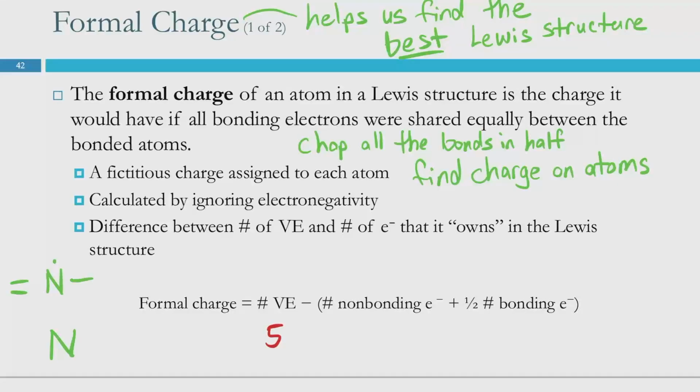So it normally has 5 valence electrons, and we're going to subtract from that the number of non-bonding electrons that it has. In this case, just 1, the single electron, plus 1/2 of all of the bonding electrons. So the bonding electrons, we've got a double bond and a single bond, 3 lines, 3 times 2 is 6. We cut that in half, we get 3.